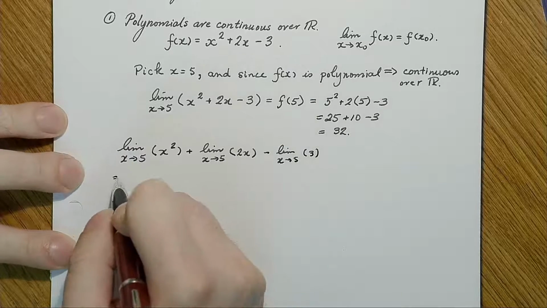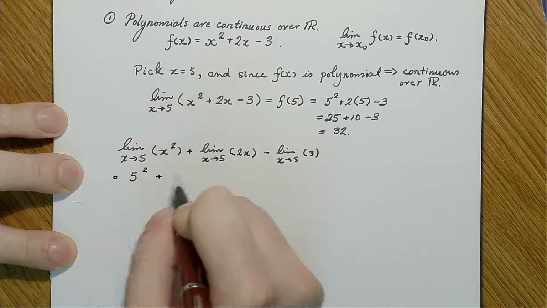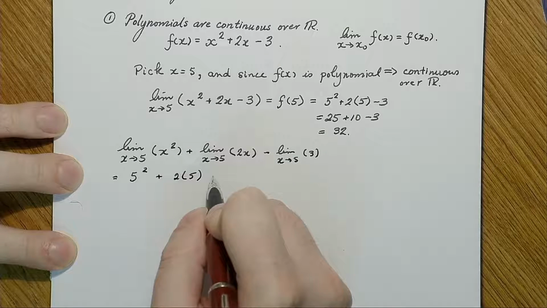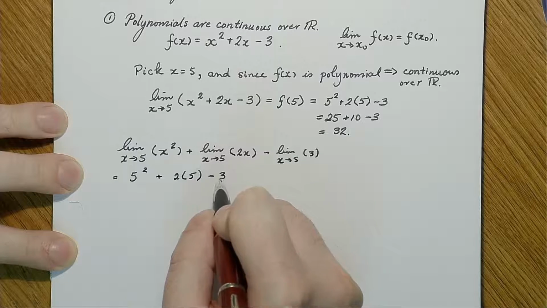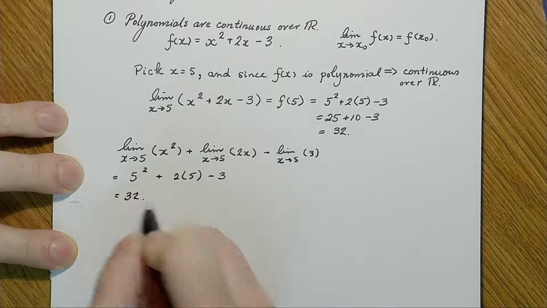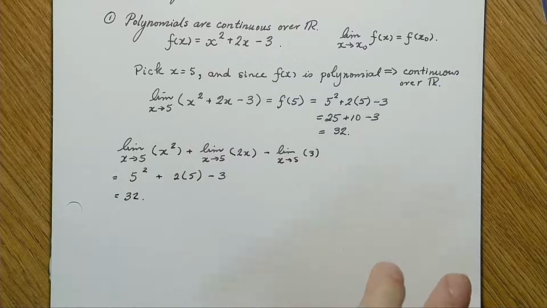Same idea. So again, 5 squared plus 2 times 5 minus 3 still gives me 32. Those are just using the limit rules that we had used before.